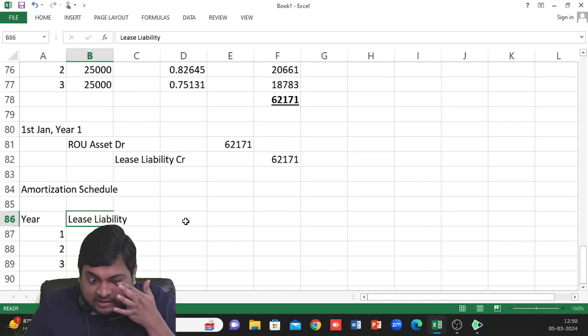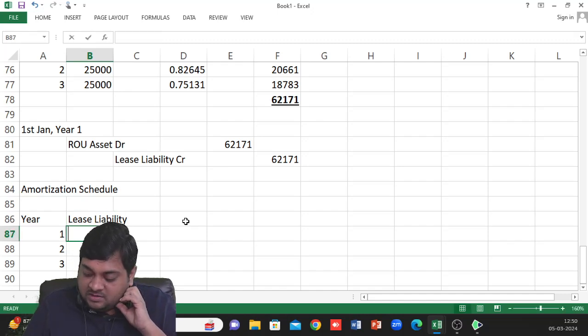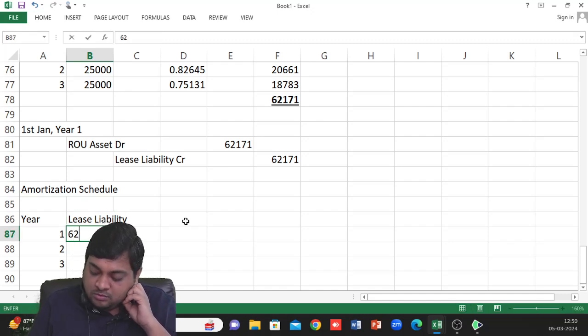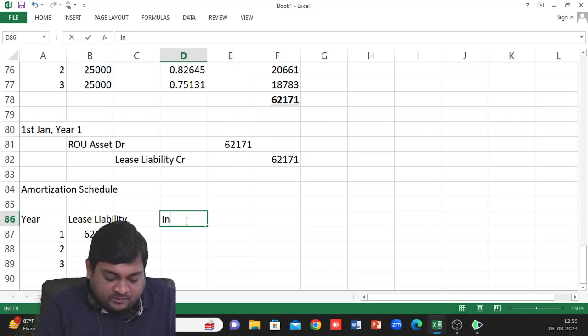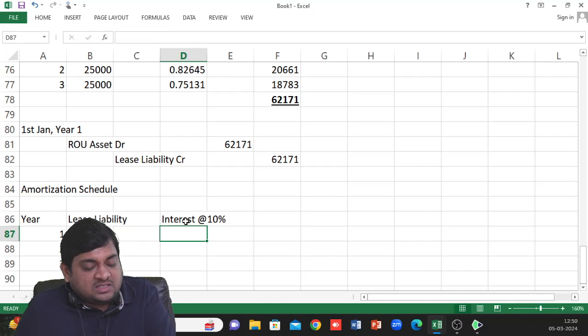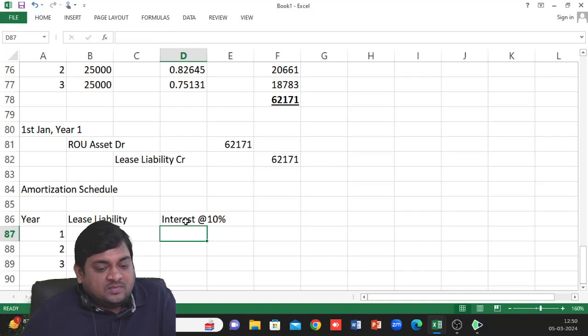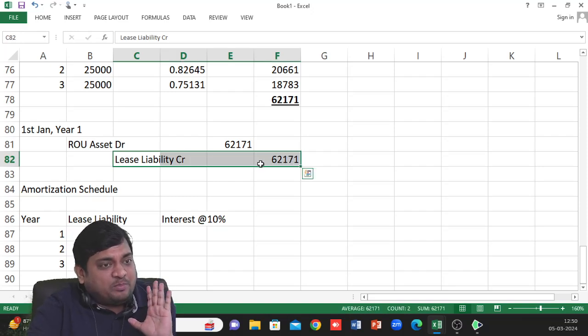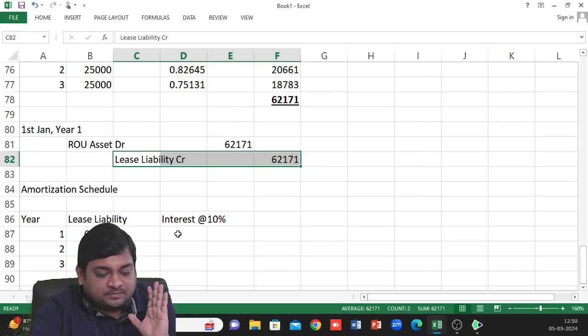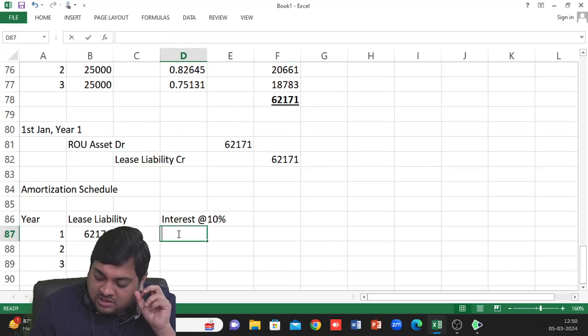Lease liability 62,171. Right? Then interest at the rate of 10% on this lease liability. Suppose if this is my loan, then on this 10% I anyway have to pay interest. So it is coming to 6,217.